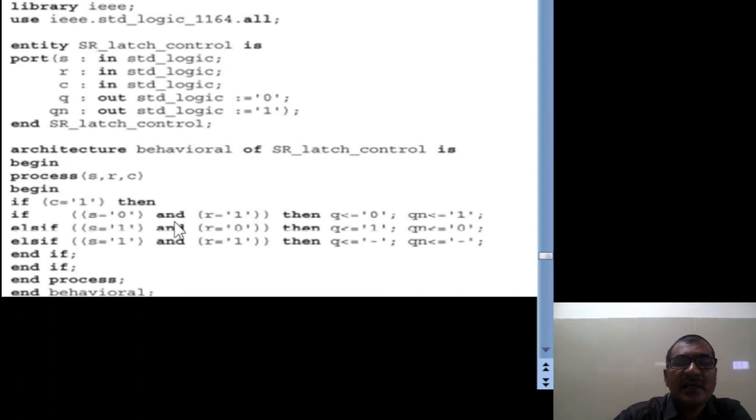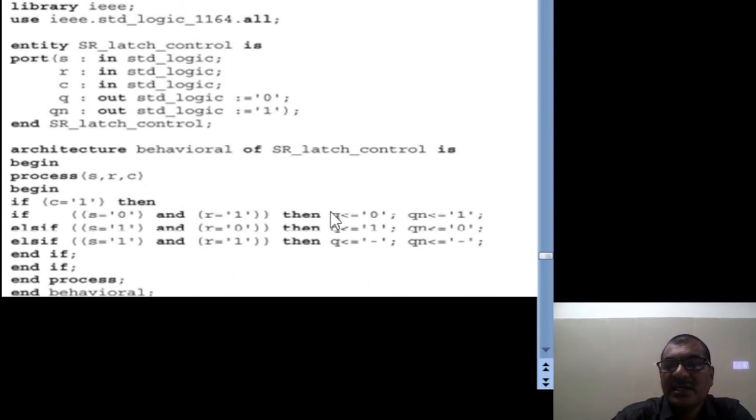Why here is Qn not declared in the form of inout? Because we are directly assigning the values in the program flow. We are not assigning Q to something or Qn to something.